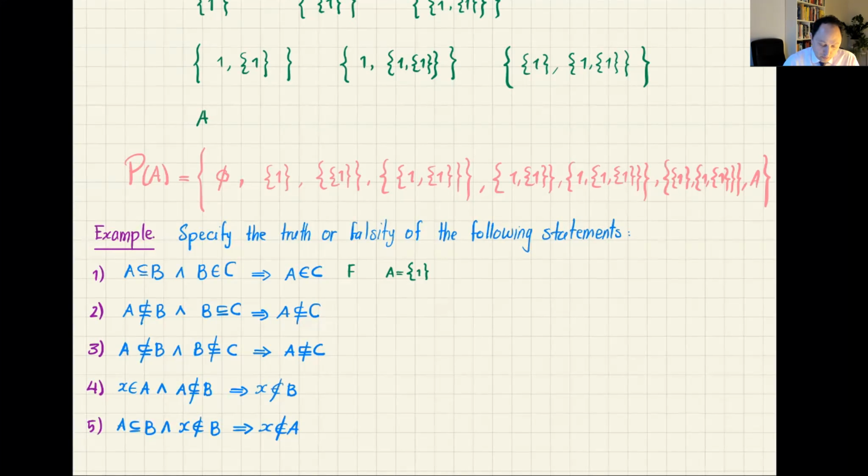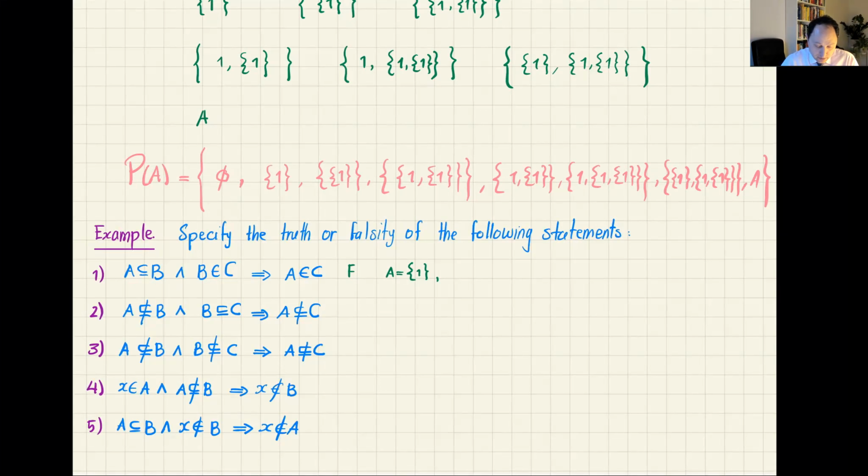And now I want to have a set B so that A is a subset, because I want to keep this right, but this is false. I want to make it in this way. If I can provide an example like that, then it means that I was able to refute this, yes? So A is equal to this one.